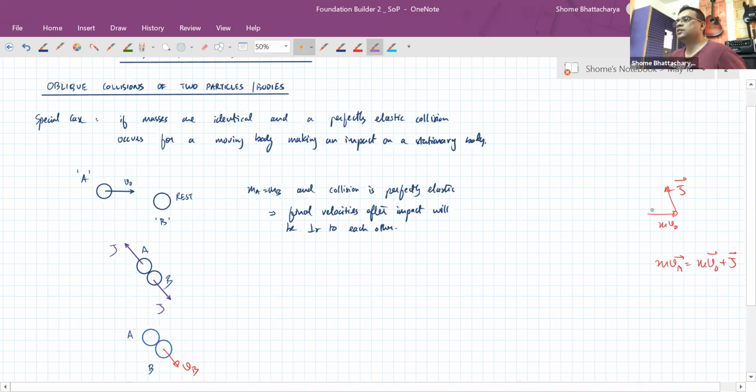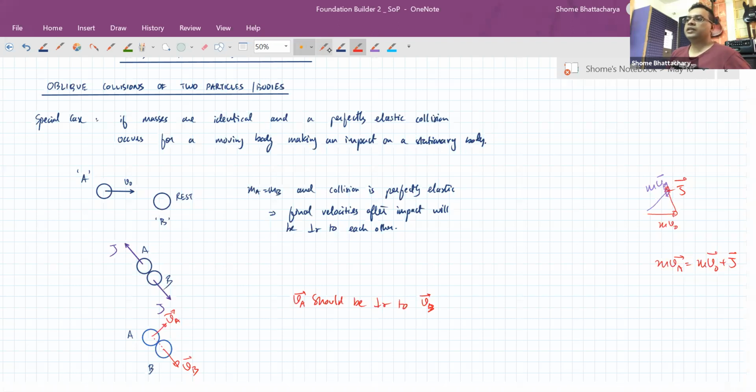So you can see that the final momentum of A should be in this direction, and therefore A's final velocity will be in this direction. What this theorem says is that it is guaranteed that VA and VB will be perpendicular to each other. This is the theorem. Now let's see why that is the case.